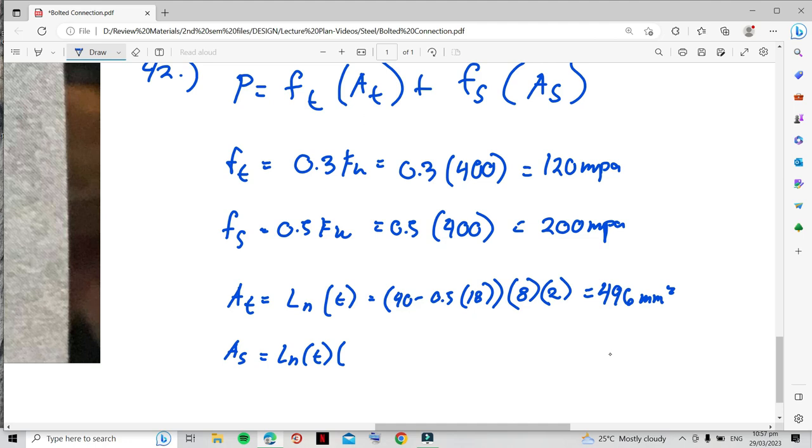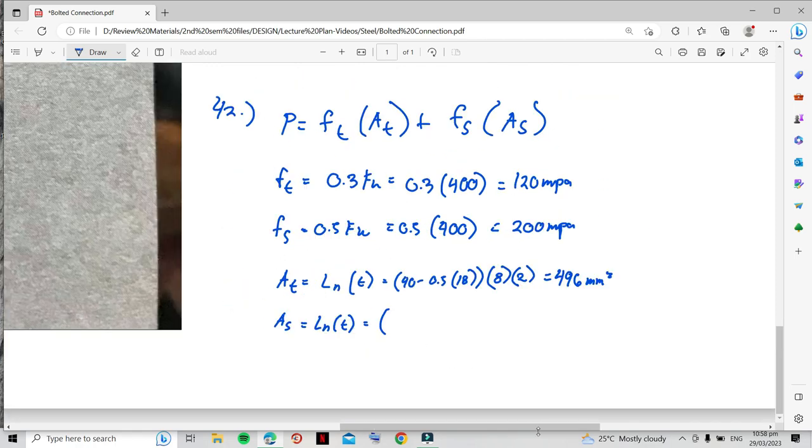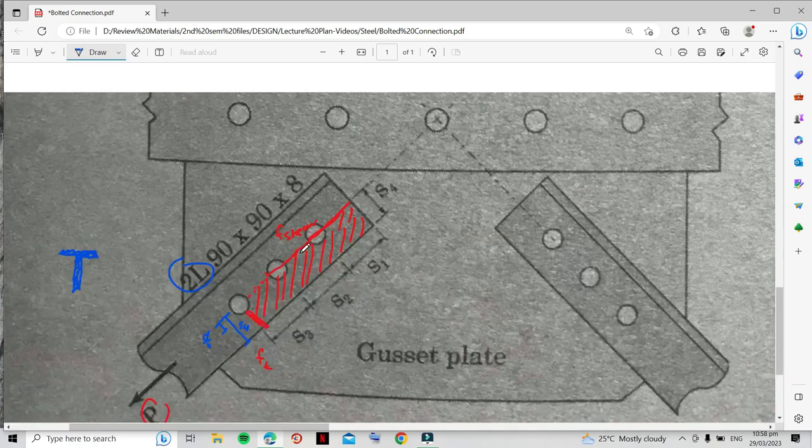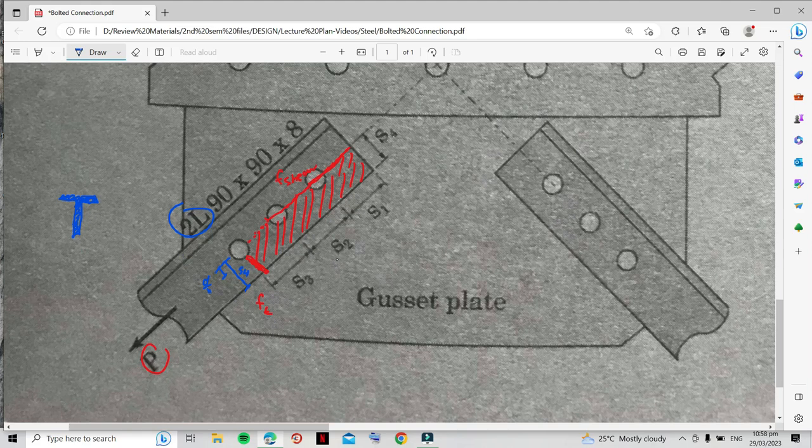So you have the area in shear, which is also length net times thickness times 2. Okay, so we should inspect. So the length is this minus the holes. You should minus one hole, two holes, and then 1/2 of a hole.